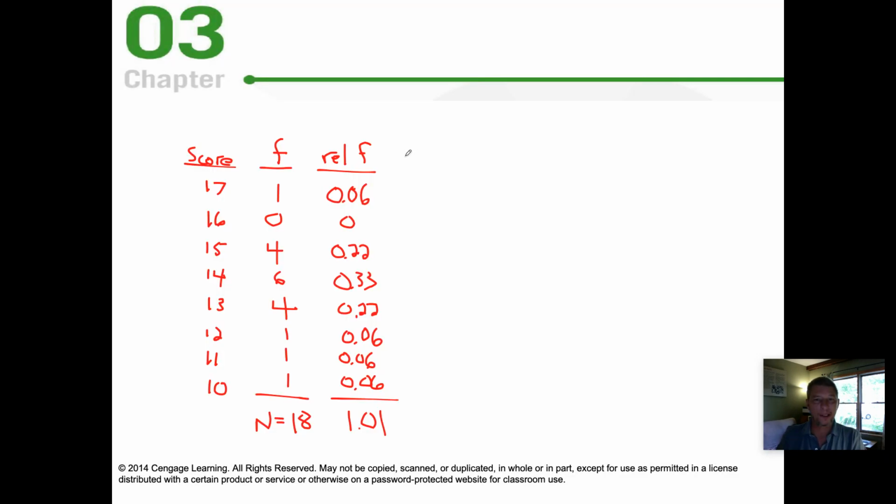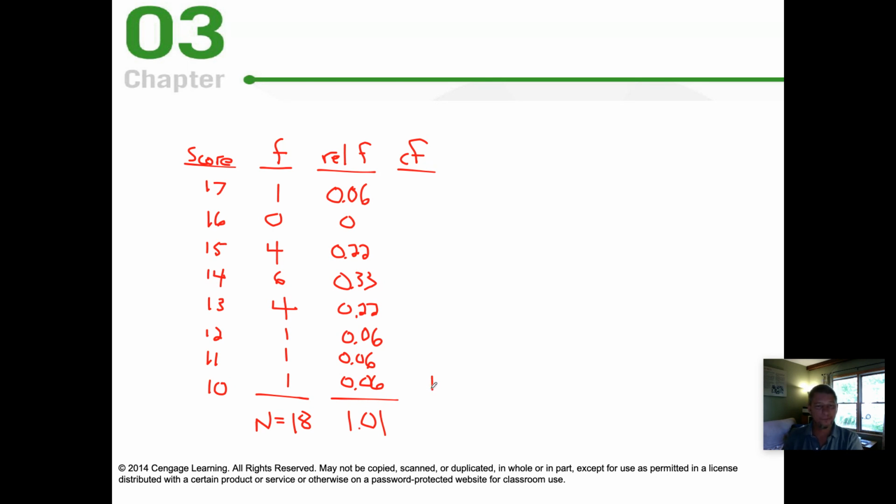Okay, next thing, I want to calculate my cumulative frequency. Now remember, for cumulative frequencies, we're going to start at the bottom and work our way up. So in this particular example, we're going to start with the frequency for 10, and that score appeared just once.